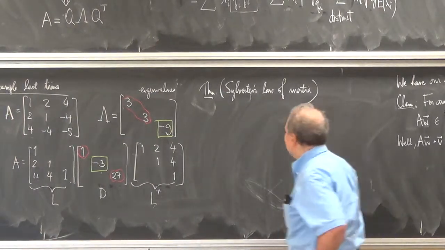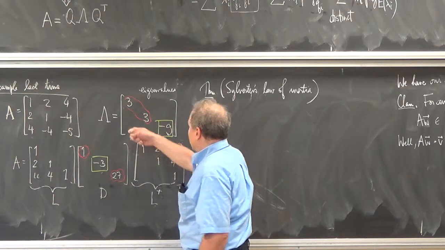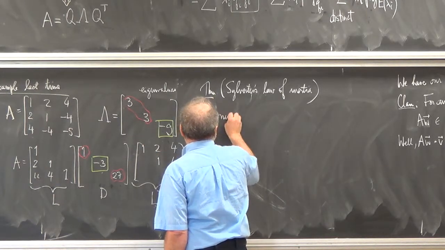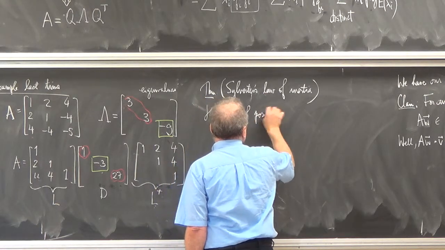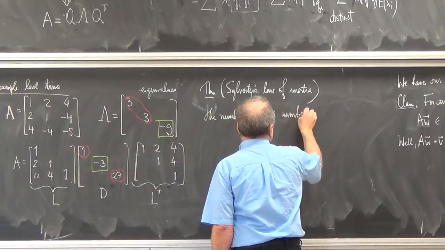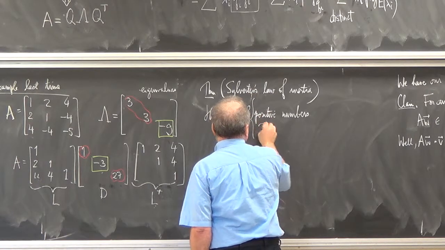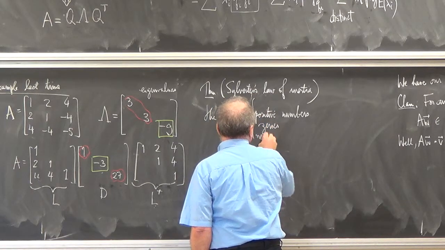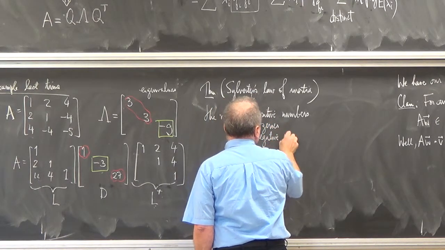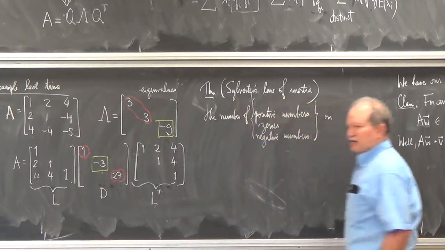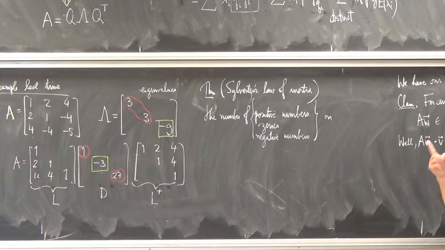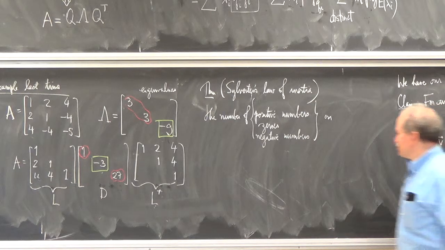I'm sure that's just the number of positive numbers, zeros, and negative numbers on the diagonals of D and lambda are the same.